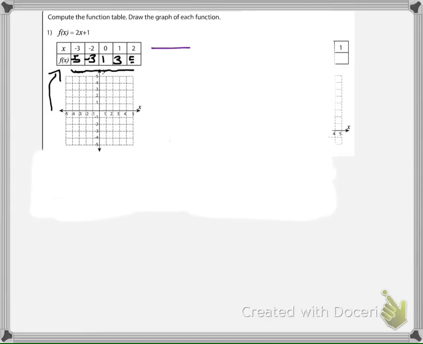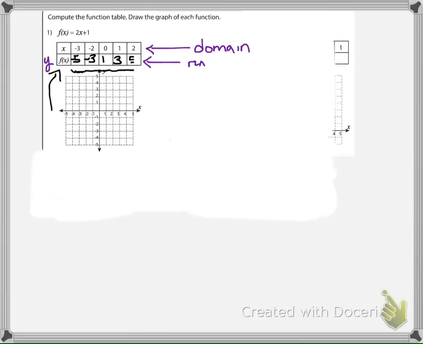Now, what do we call the set of all of my x's? My x's are referred to as the domain. So if you hear me refer to the domain, I am talking about the x values. If I talk about my f of x, or my y, depending on what you want to call it, same thing, we refer to it as the range.